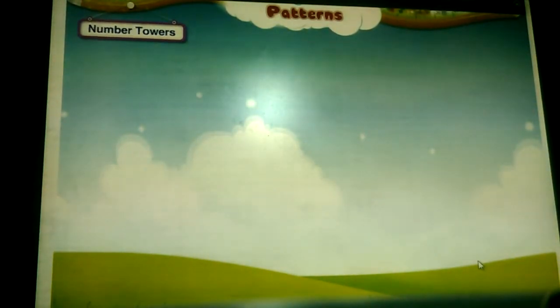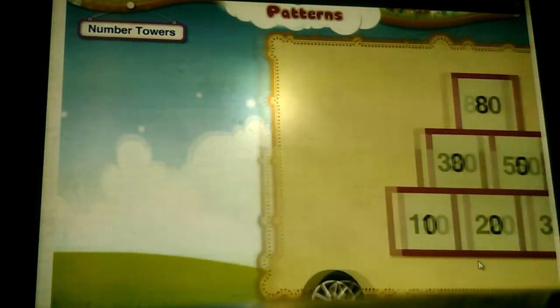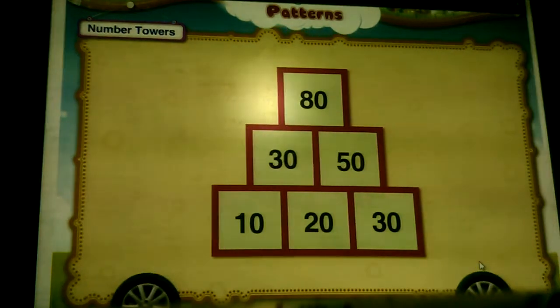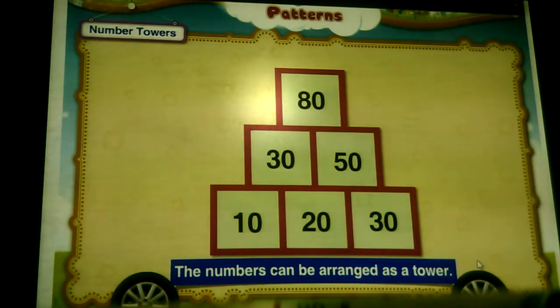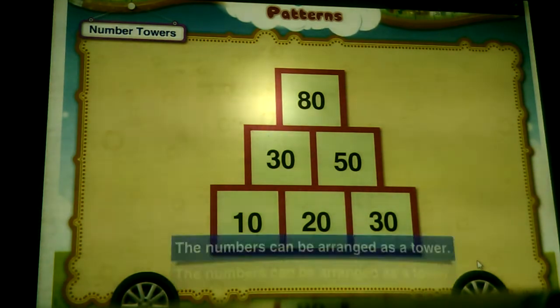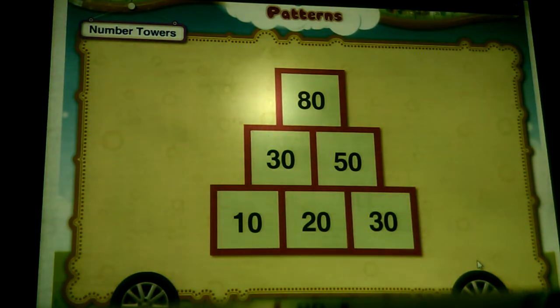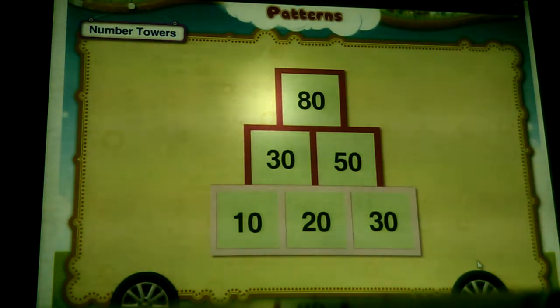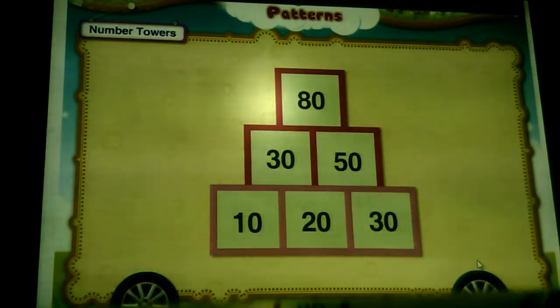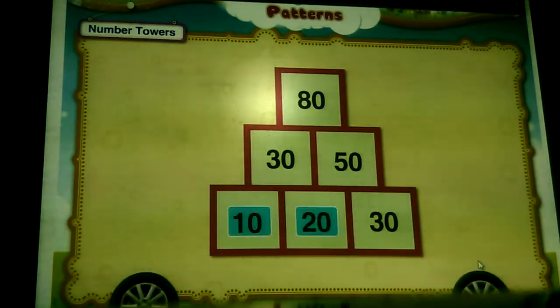Number towers. The numbers can be arranged as a tower. To get the number pattern in this tower, we start from below. 3 numbers are given here: 10, 20 and 30.